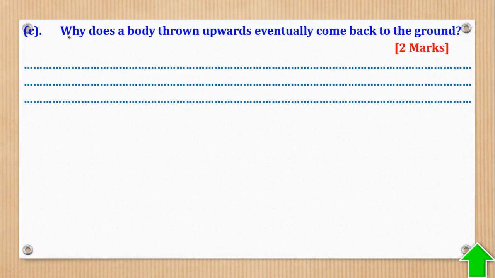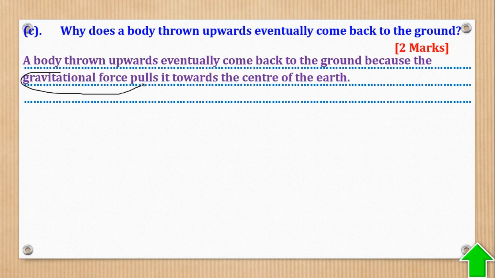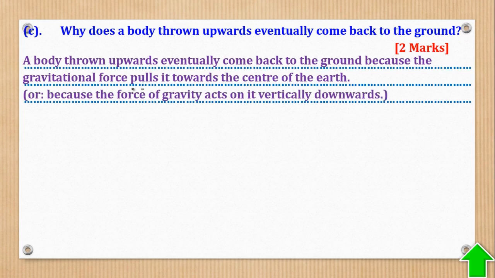Then part C, why does a body thrown upwards eventually come back to the ground? So a body thrown upwards eventually comes back to the ground because of the gravitational force, because the gravitational force pulls it towards the center of the earth. Alternatively, you can say it is because the force of gravity acts on it vertically downwards.